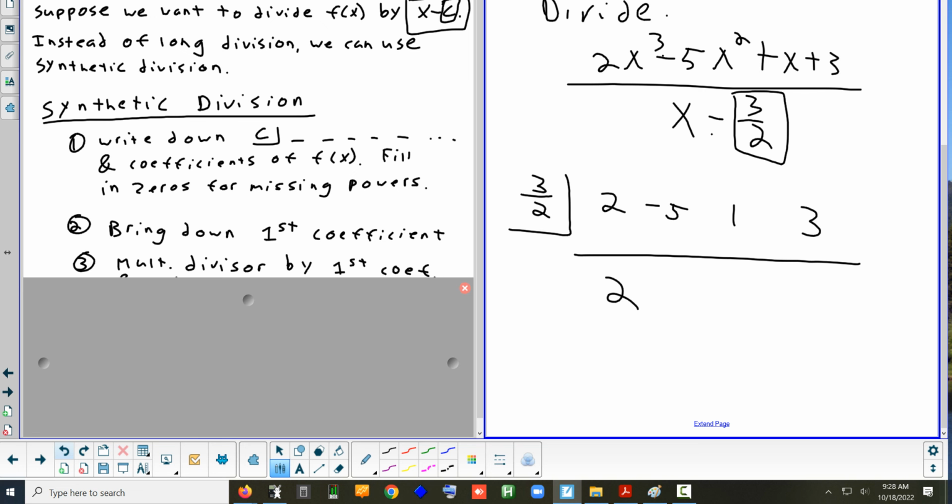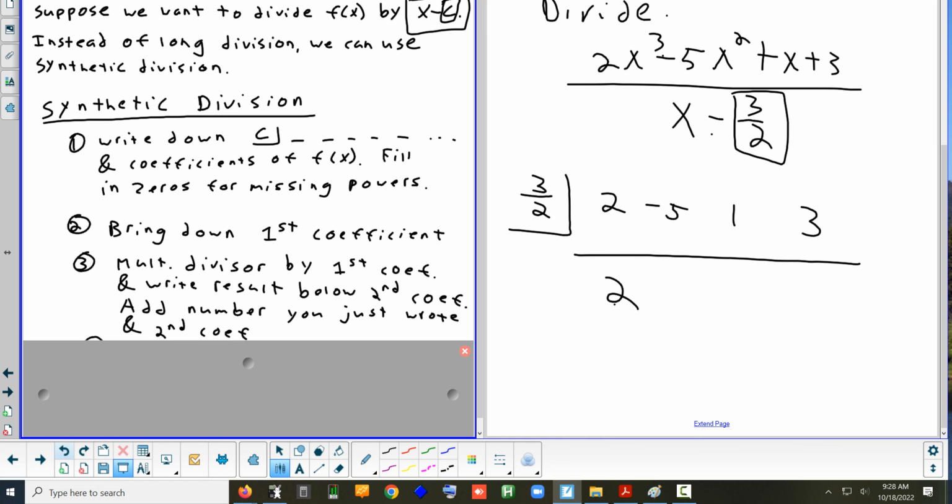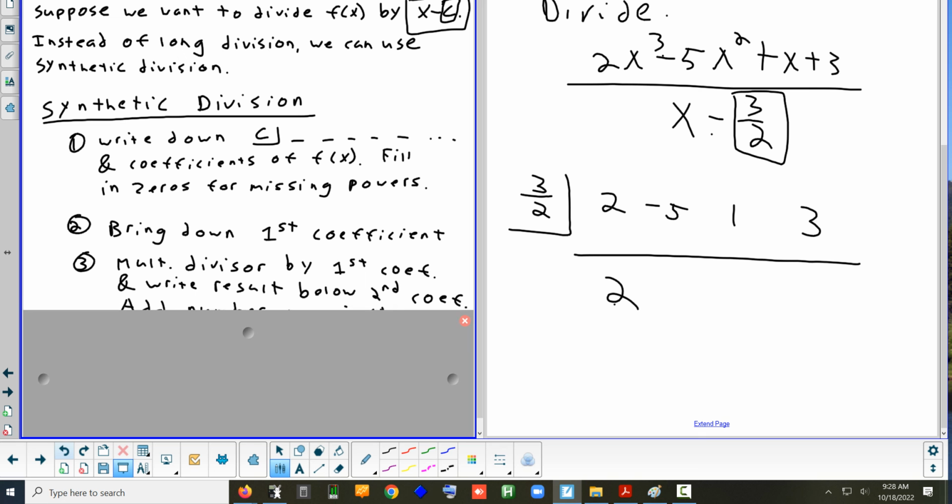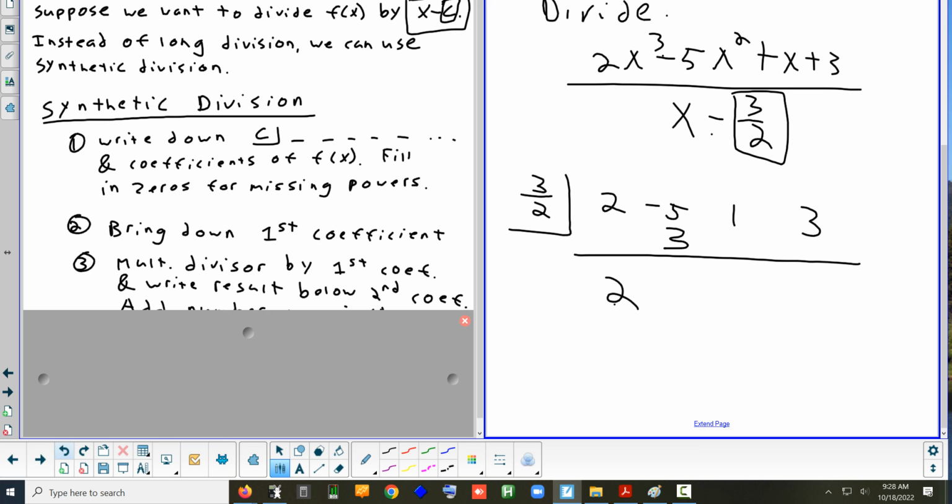Multiply 3 over 2 by 2. What do you get if you multiply 3 over 2 by 2? Okay. You get 3. Put that answer in the second column. So we multiplied 3 over 2 times 2. We got 3. Put it in the second column.